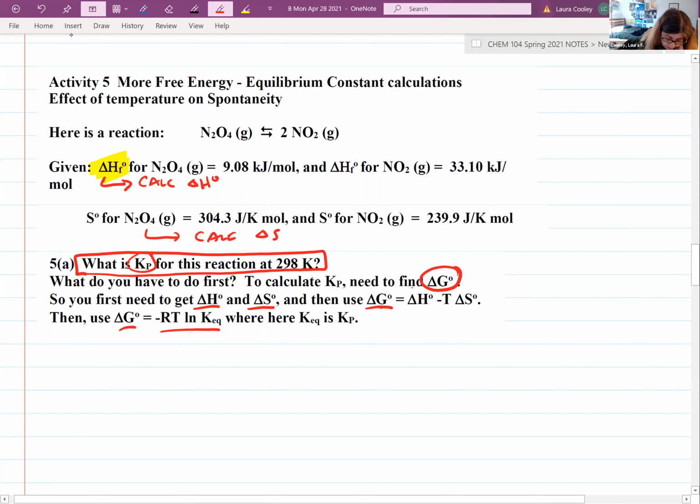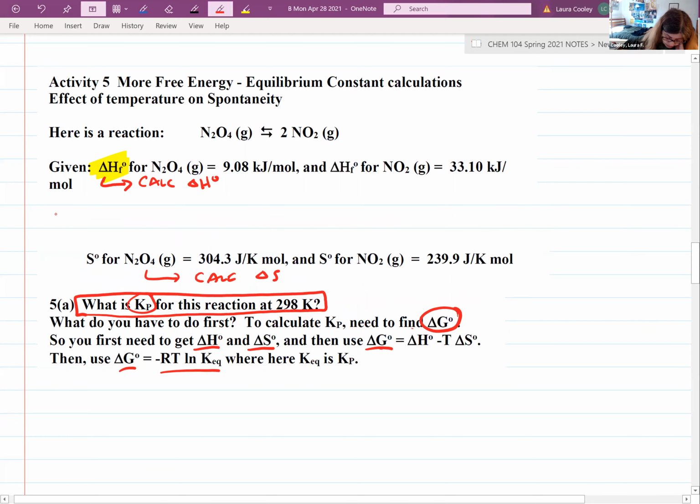So the first thing I'm going to do is just start with the delta H. So what is my delta H0 going to be? It's going to be 2. Remember, it's products minus reactants. If you give me reactants minus products, you will have calculated delta H for the reverse reaction, and all your answers will be wrong. Okay. So please remember to do products minus reactants.